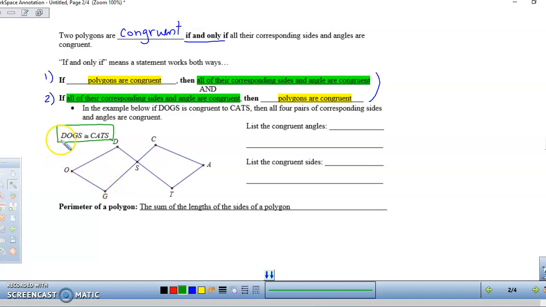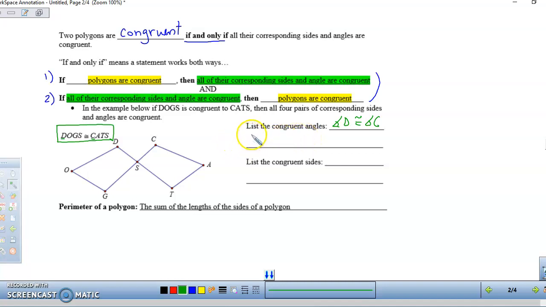So we'll start with the angles because those are the easiest. So D would go with or corresponds to C. They're the first letters in the names. So you're going to say angle D is congruent to angle C. Okay, so pause the video and do the rest of the angles.